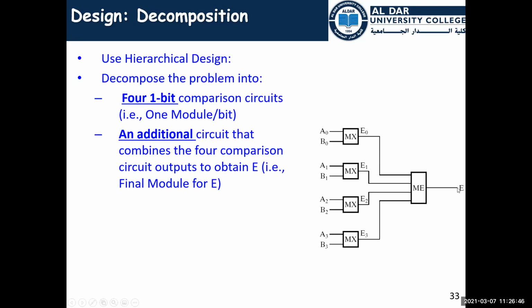We need an equal circuit. We check if they are different here. We get 1, 1, 1, 1. Then we complement the input to that 1 to get the output E, which is representing the equivalency between variable A and variable B.